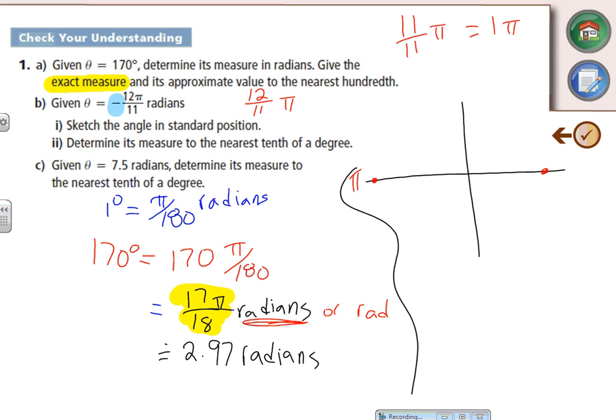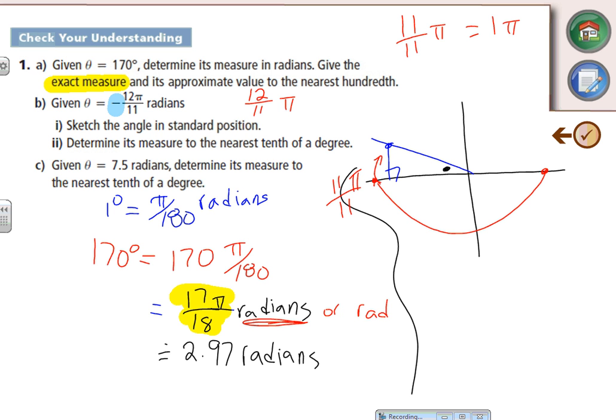So 11 elevenths would get me to here, 11 pi over 11. But I have 12 pi over 11. I have to go a touch further, 1 more 11th to be exact, which puts me there. And I can make my triangle if I'm looking for standard position angles.